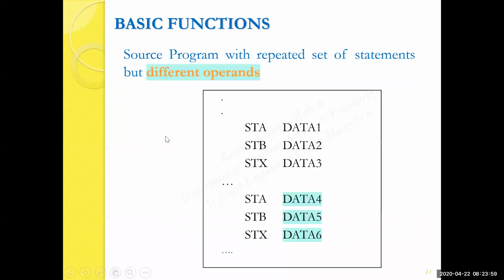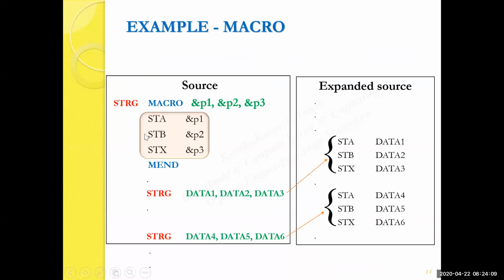Likewise, the second instruction is STB, while the operand is data 2 in the first set and data 5 in the second set. Again, this instruction is placed as the second instruction in the body of the macro with the operand indicated with the parameter P2.